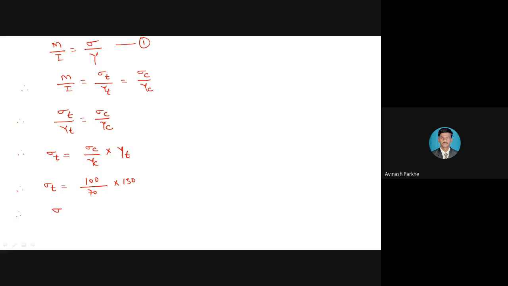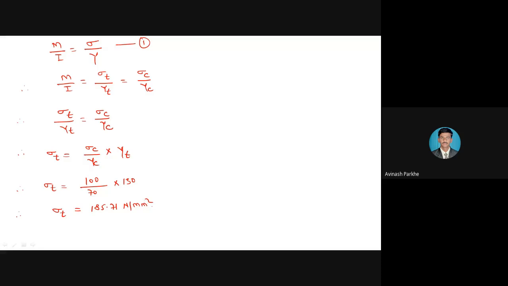Please tell me value of sigma T which is calculated from the given sigma C value. What is the value of sigma T from the sigma C value? Do the calculation. 100 divided by 70 into 130. 185.71. Yes, 185.71 Newton per mm square.